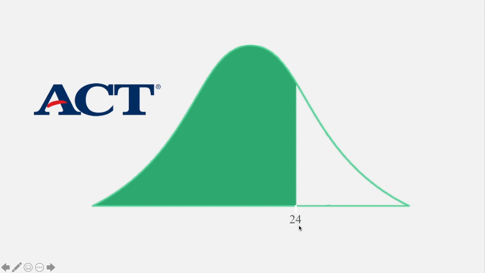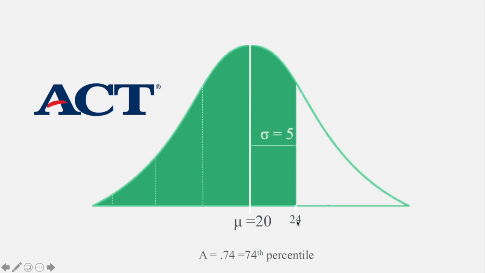So let's say you scored 24 on the ACT. This is the percentile, and this is the population parameter. This is the 74th percentile. We were able to figure out that a score of 24 is the 74th percentile because of the ability to divide a normal distribution into percentiles.